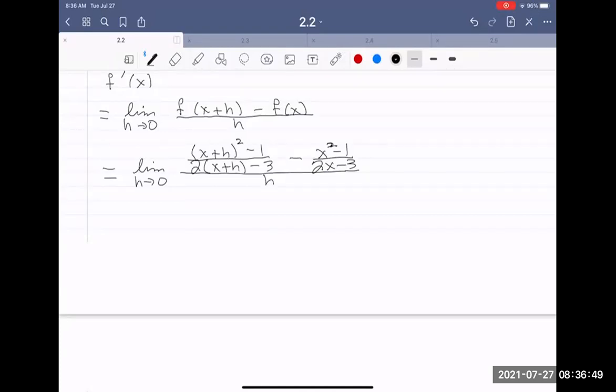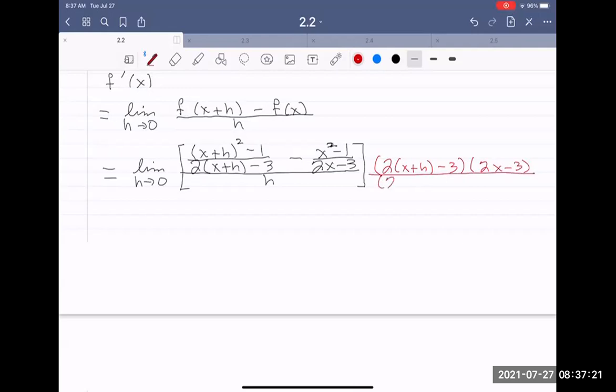So let me multiply and divide by the common denominator. And so I have here a 2x plus h minus 3 times 2x minus 3.